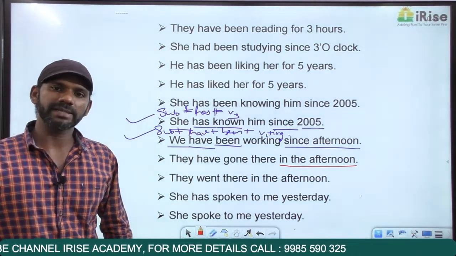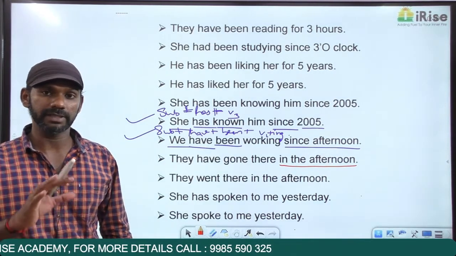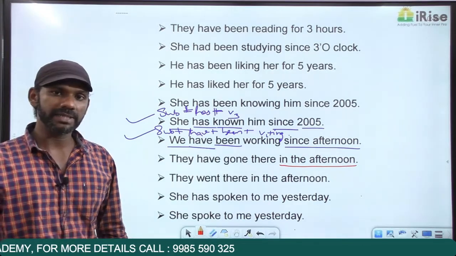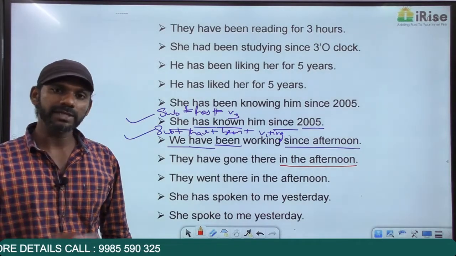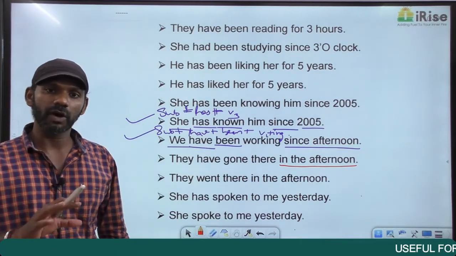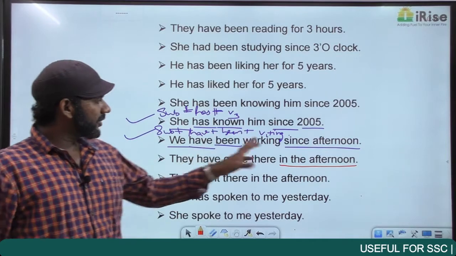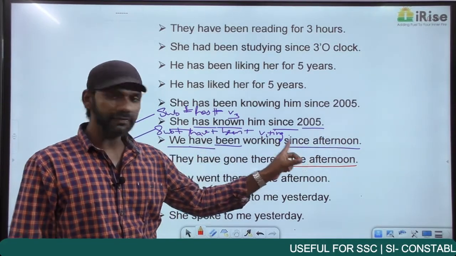Now, the time of the past action is different from point of time and period of time. It's very important. If it is a point of time, since will be there. If it is a period of time, for will be there. We have been working since afternoon. Afternoon is a point of time here because of since.